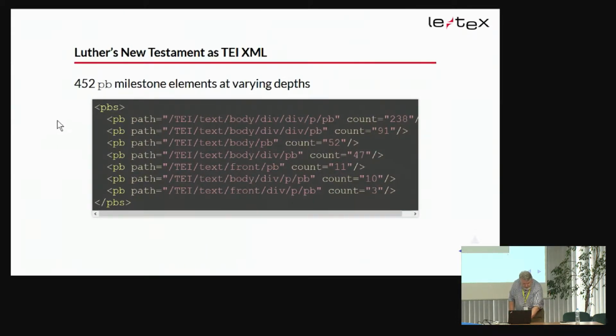It has 452 page breaks at several distinct locations, sometimes in the middle of a paragraph, sometimes between paragraphs, sometimes between topmost sections, sometimes between lower level sections, and so on. Sometimes in the front matter. These are the occurrences. Hans-Jürgen, I used XQuery for getting this statistic.